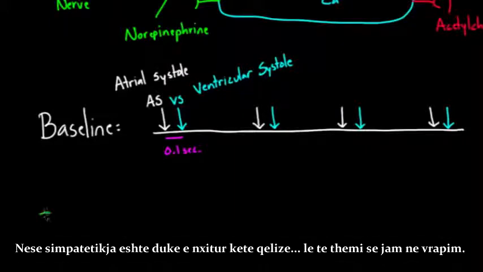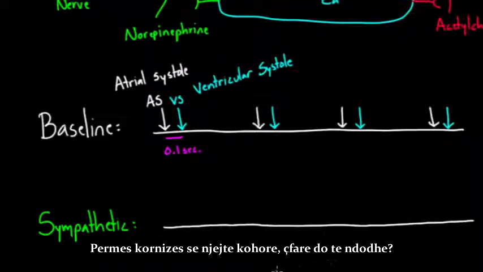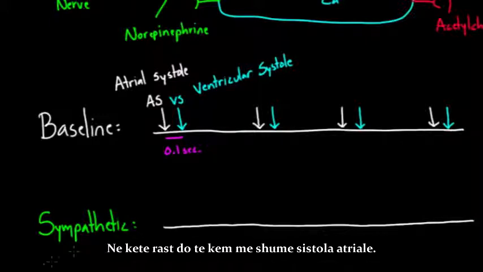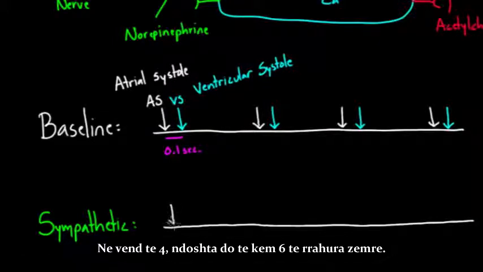Now, if sympathetics are driving this cell, let's say actually I'm running, right? So this is a scenario where I'm running and I'm being chased, or maybe I'm chasing someone, and over the same time frame, what would happen? Well, in this case, I'll have more atrial systoles, right? Because my SA node is going to fire more frequently. The heart rate's going to go up. So instead of just 4, I guess I'll have maybe, looks like 6 heartbeats.